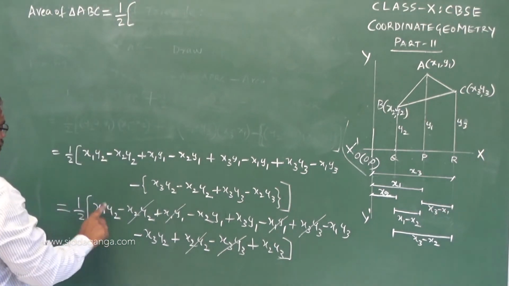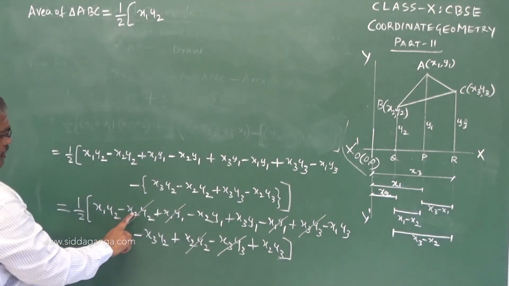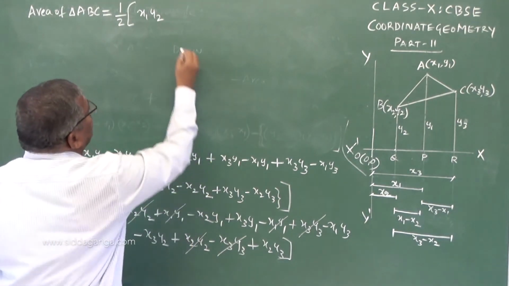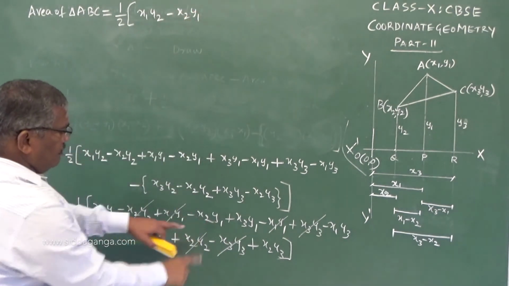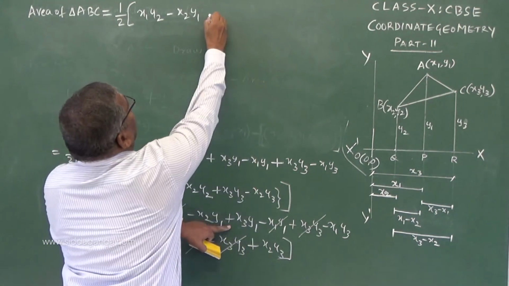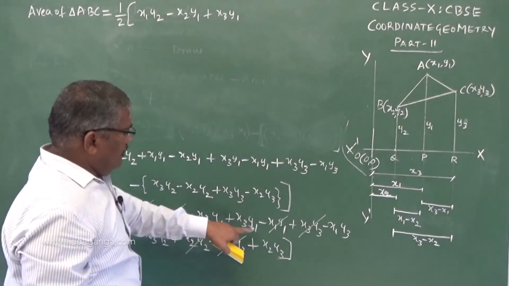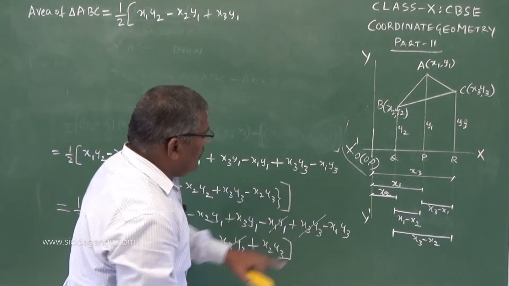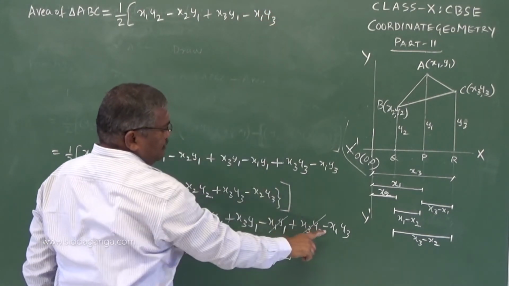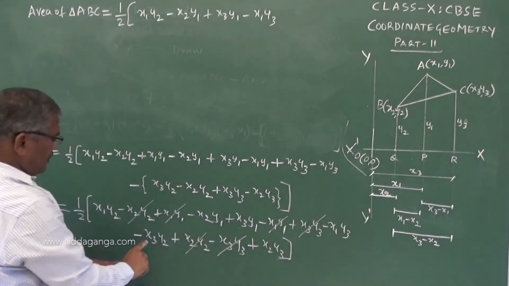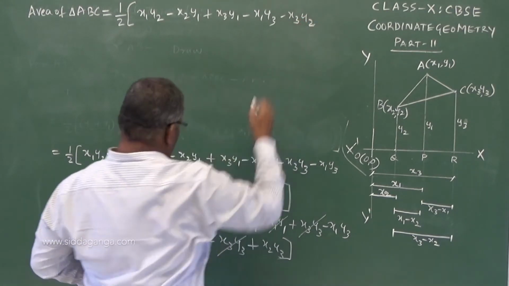You observe here x1 y2 is there, so this is cancelled, minus x2 y1, x2 y1, this one, plus x3 y1 is there, this is cancelled, minus x1 y3, x1 y3, plus minus x3 y2, minus x3 y2.